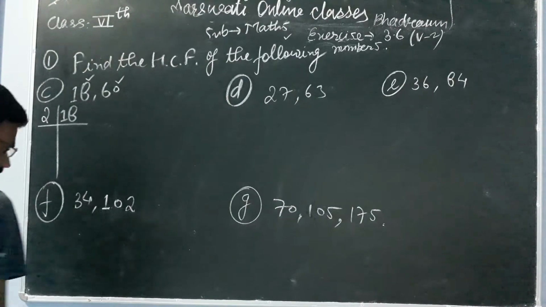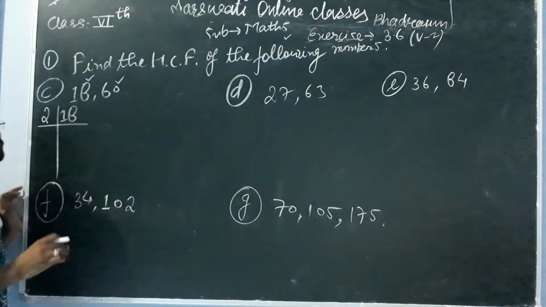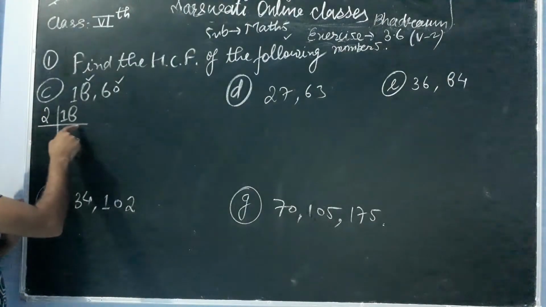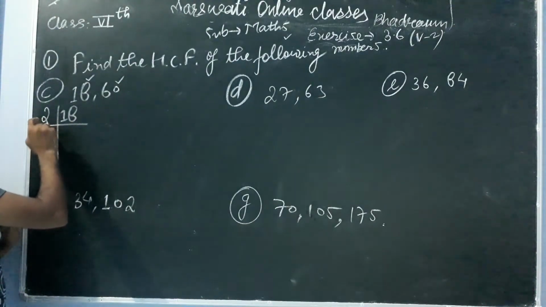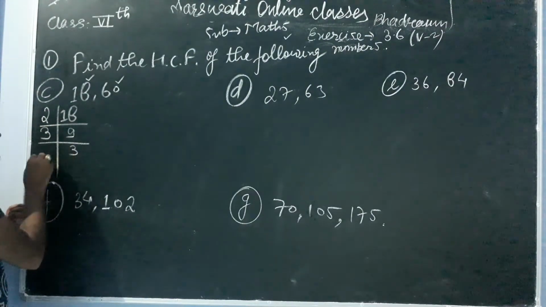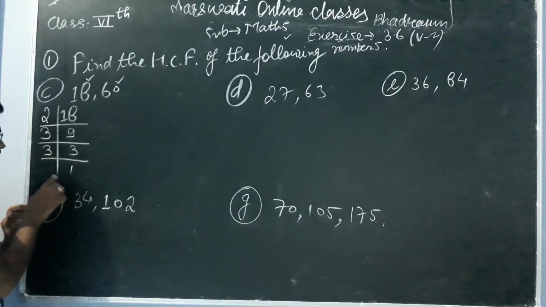Hence this number contains 8 as its unit place digit, so it will be divisible by 2. So we divide this number by 2: 2 9s are 18. After that we divide by 3: 3 3s are 9. Again by 3: 3 1s are 3.